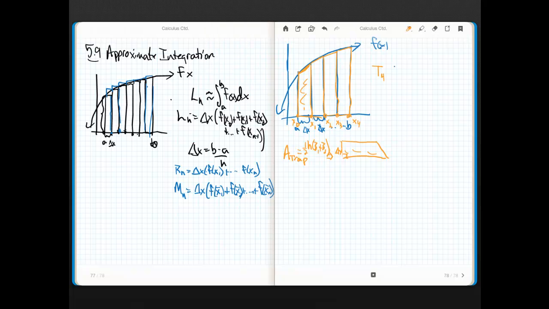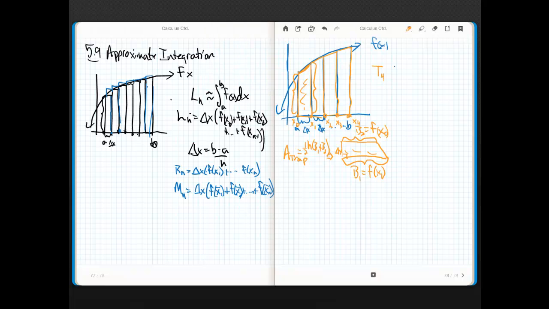My base 1 is this guy right here, which is just f of x1, right? And this is my base 2, which is this guy, just f of x0, right?